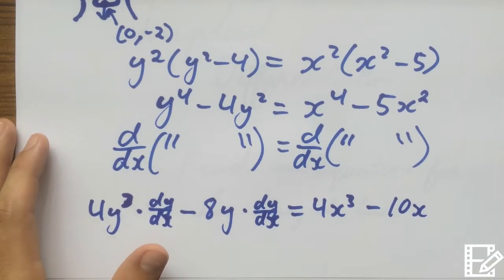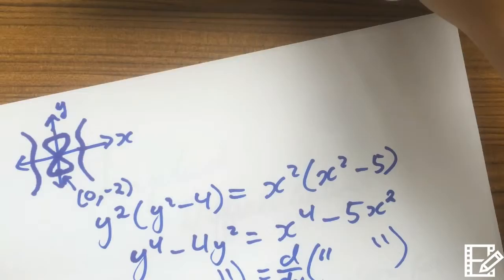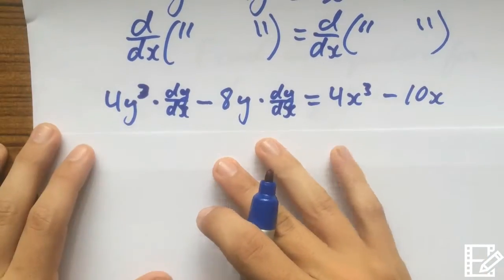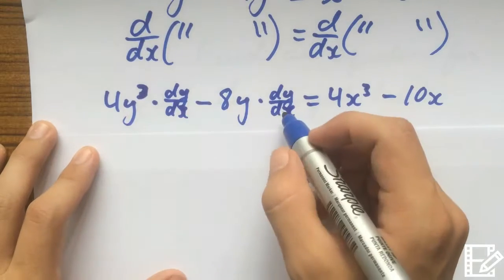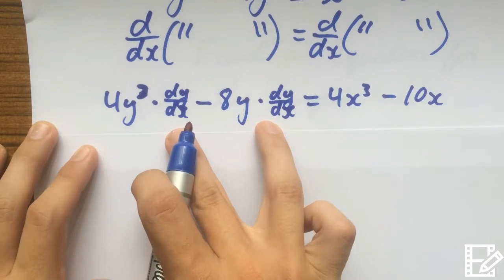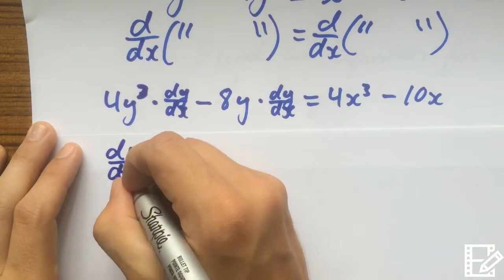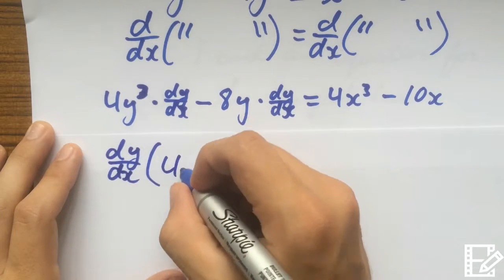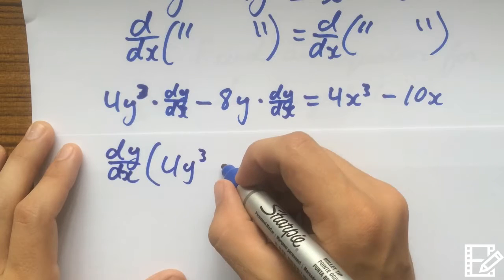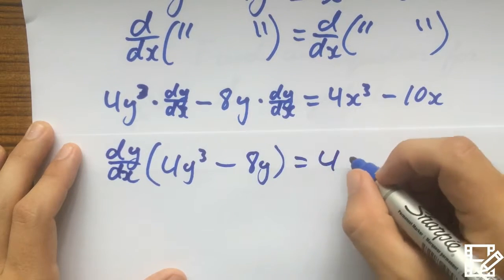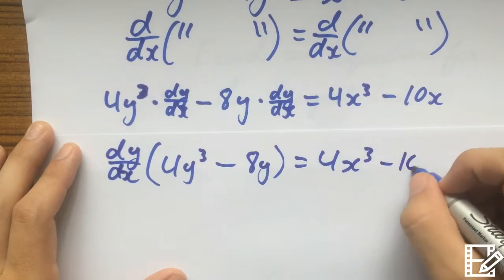So, we can factor out the dy/dx from each one. We're going to have dy/dx times 4y to the power of 3 take 8y equals 4x to the power of 3 take 10x.